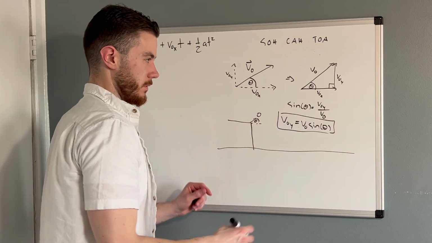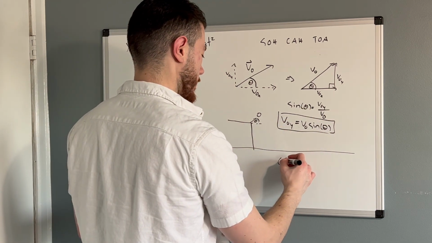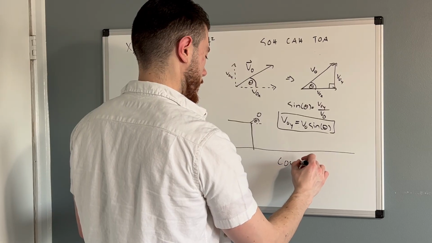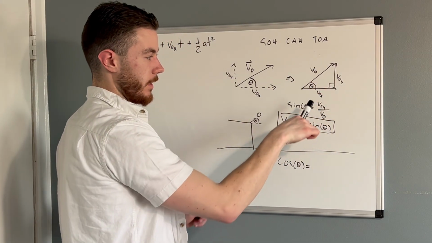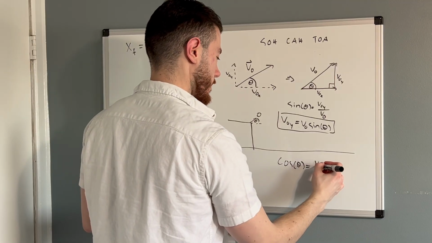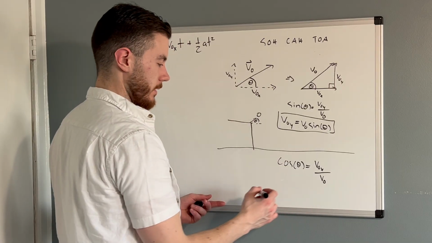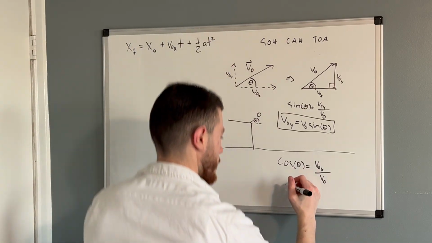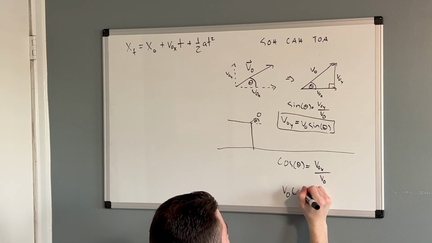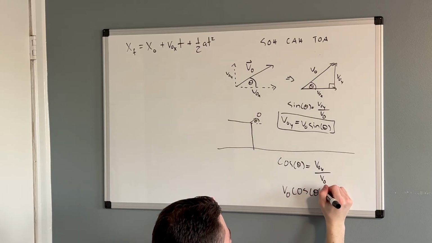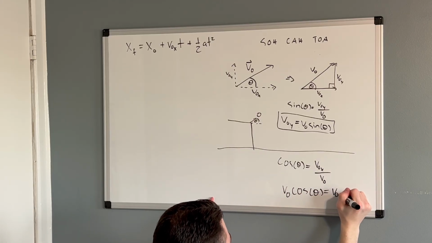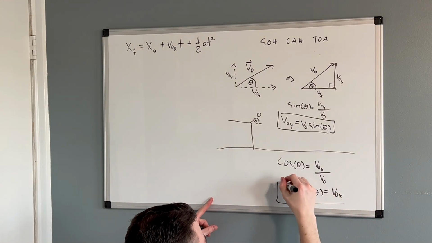And also cosine theta is equal to adjacent over hypotenuse, v naught x over v naught. Multiply both sides by v naught, we get v naught cosine theta is equal to v naught x. Awesome.